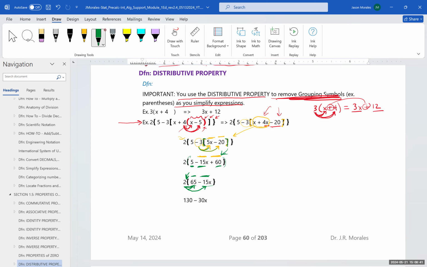So 2 times 65 is 130, and 2 times -15 is -30. And so we're left with 130 minus 30x. We can't simplify that anymore. So we started with all of this, and we were able to simplify it down to this by using repeated iterations of the distributive property.